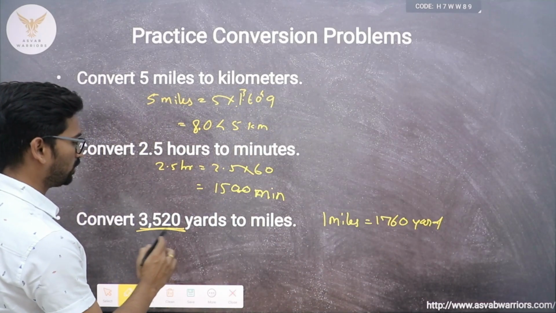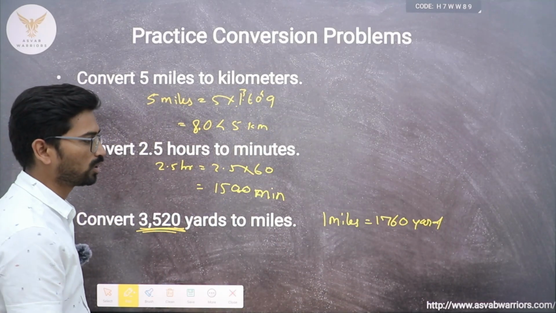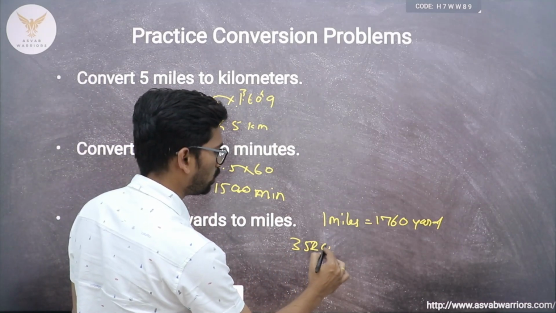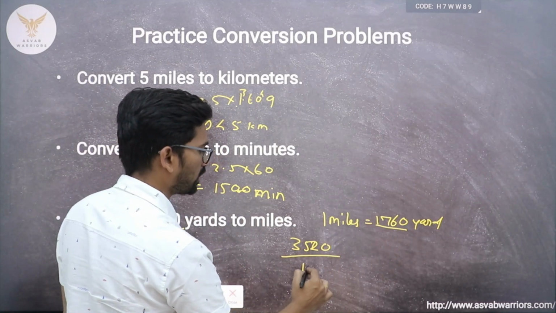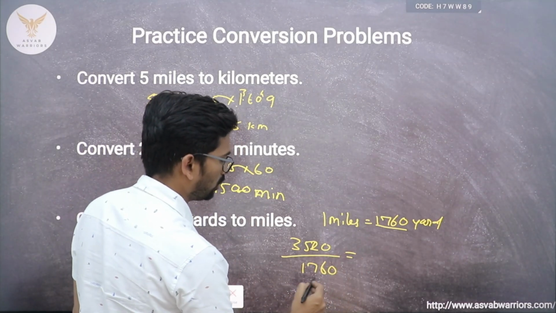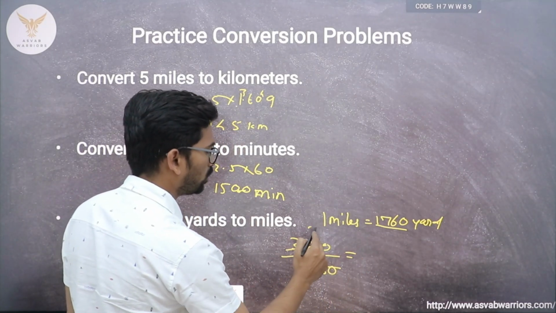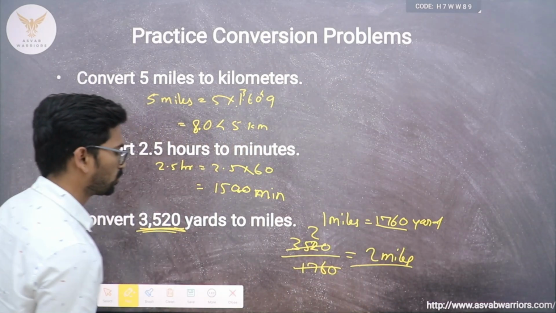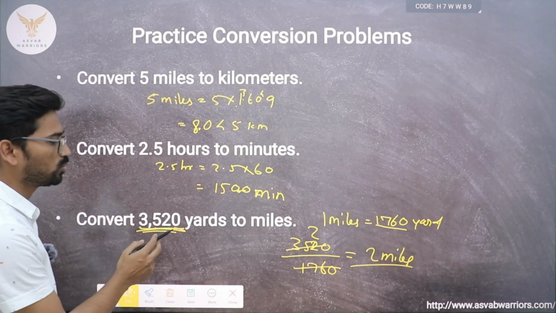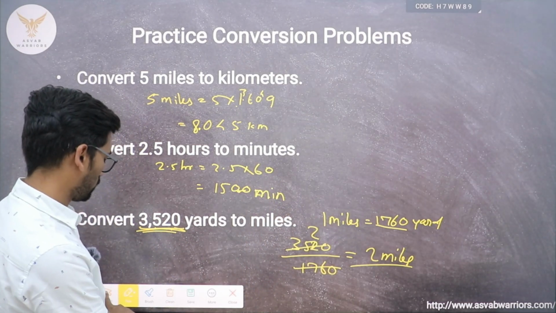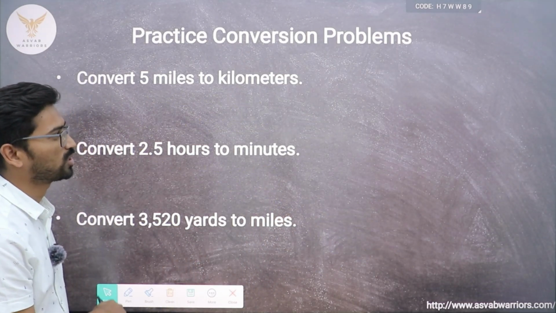But here 3520 yards have been given, so we will have to divide this 3520 by 1760. Then we will get our answer in the miles. So it will be equivalent to 2 miles. So 3520 yards are equivalent to 2 miles. I hope you understood these questions.